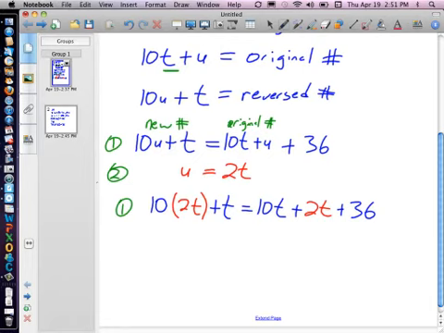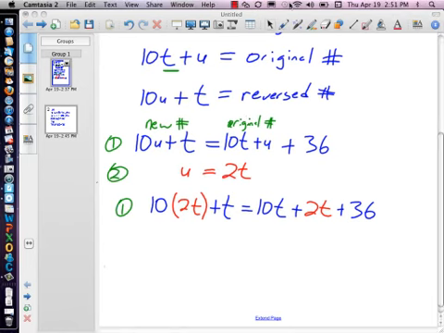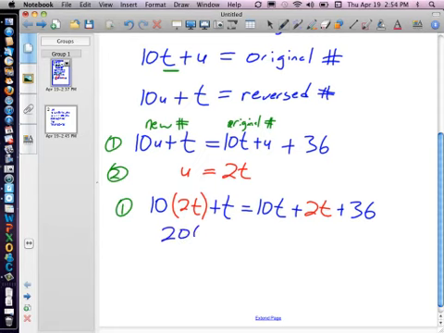I'm going to pause really quick here. So now we are at equation 1, and we're going to solve for t. So we're going to have 20t plus t equals 12t plus 36.